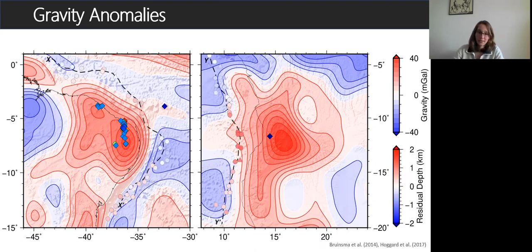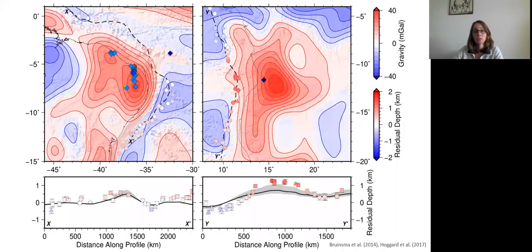And if you weren't convinced that something dynamic is going on here, I'm going to show you two transects along these dashed lines through residual depth measurements of Hoggard et al. 2017.